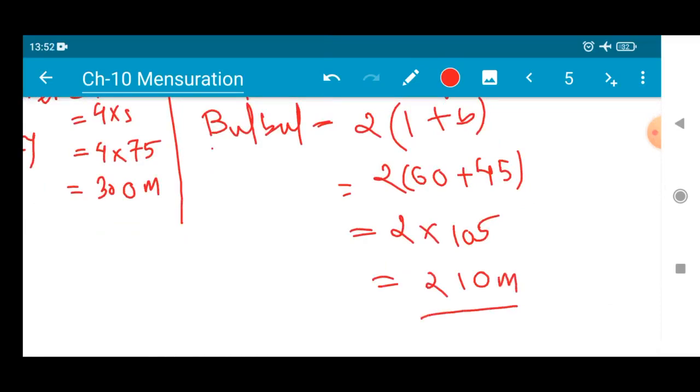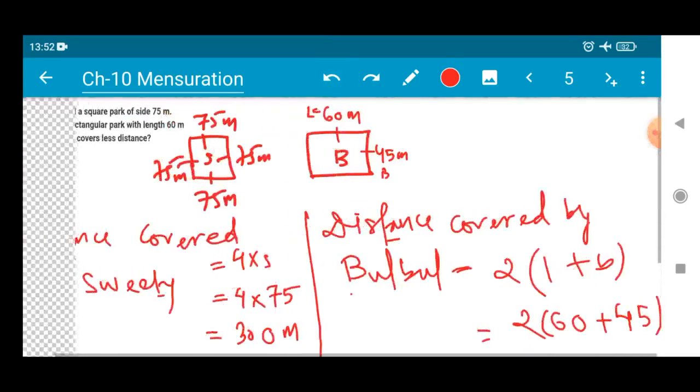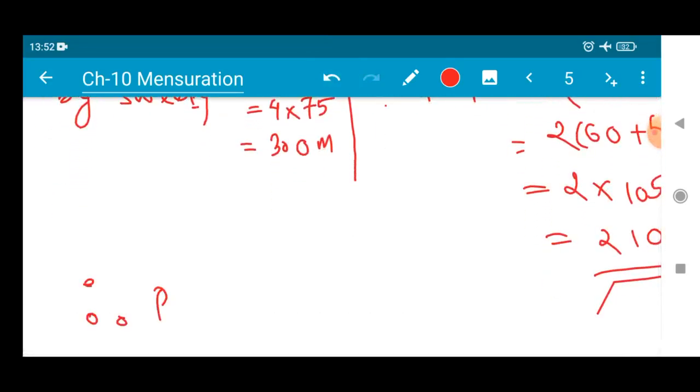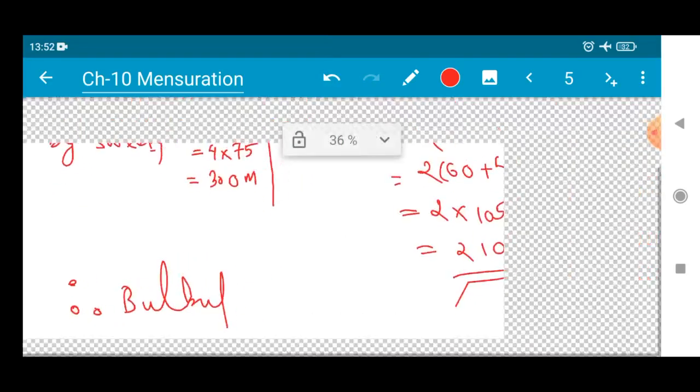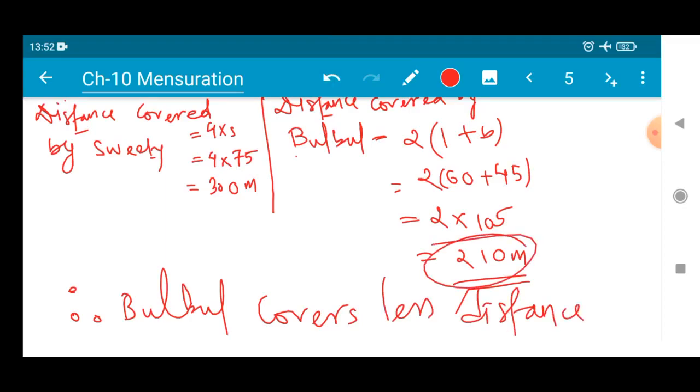So it is 210 meters. So you can directly see by comparing these two values who covers less distance. Therefore, Bulbul covers less distance. You can clearly see that Bulbul covers only 210 meter, but Sweetie covers 300 meter, which is 90 meter more than Bulbul. So hence we can say Bulbul covers less distance.